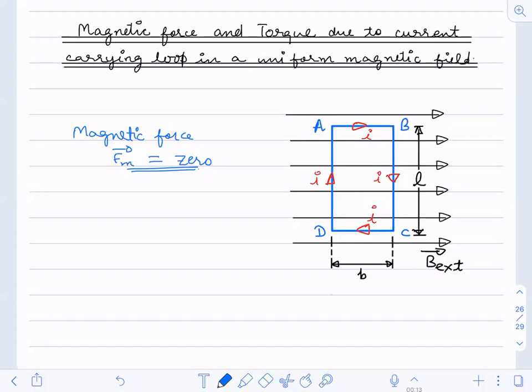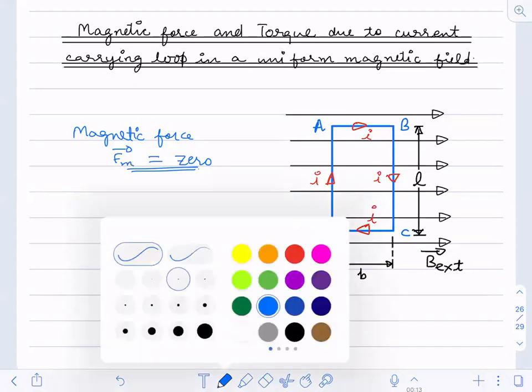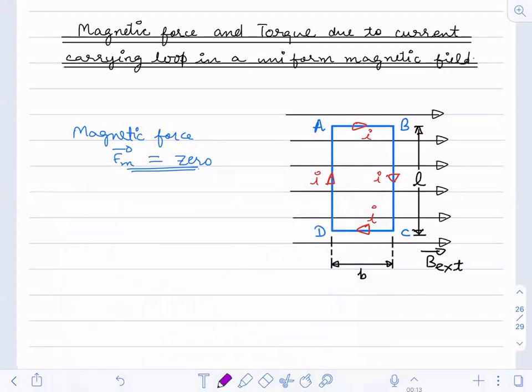Now on part DA and on part BC, what will be the direction of the magnetic forces? On DA, if you calculate, you will get the force inside. And on BC, it will be a dot, like this.